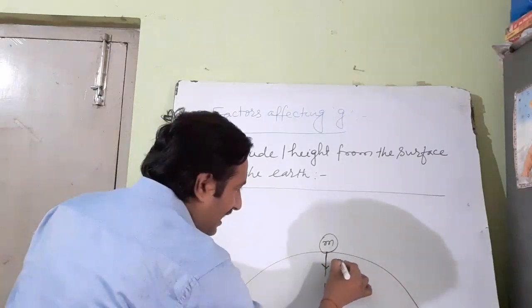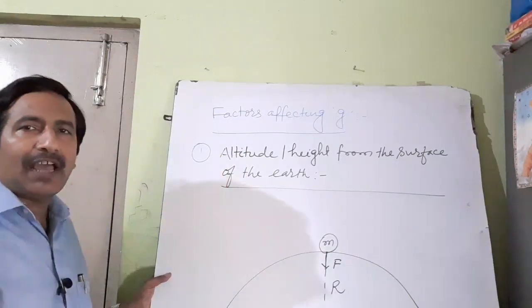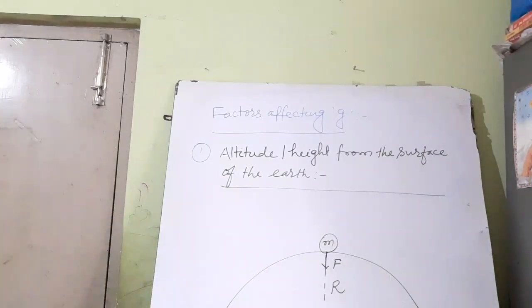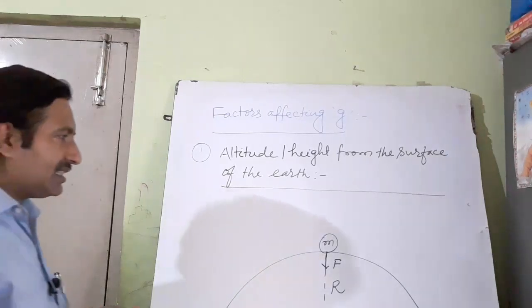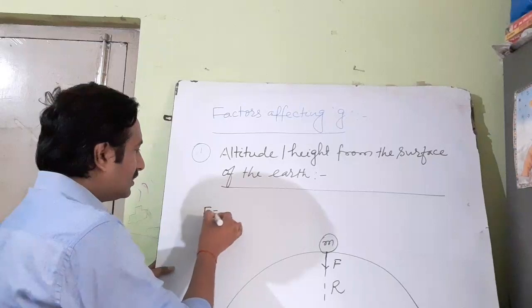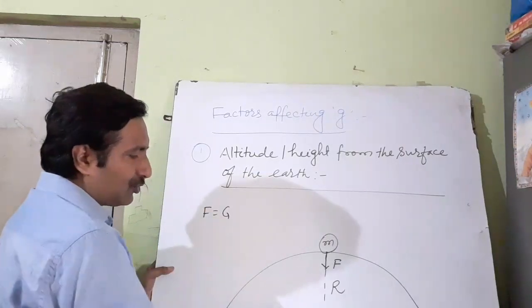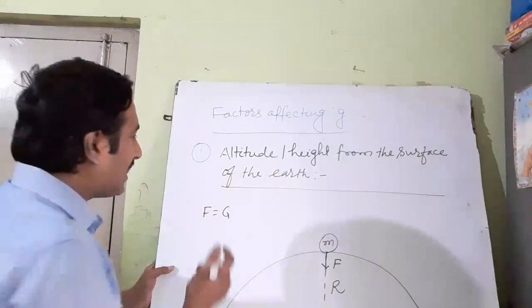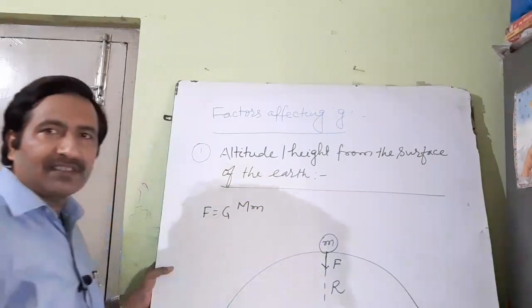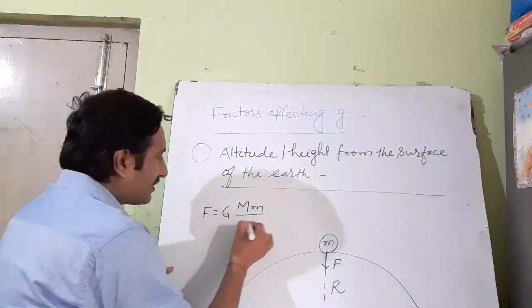It is denoted by F, and you know F is a gravitational force, so it can be measured by using Newton's law of gravitation with the formula F is equal to G m1 m2 by r squared. Here m1 is mass of the earth, means capital M, m2 is mass of the body, small m, and r squared is the square of the distance between them.